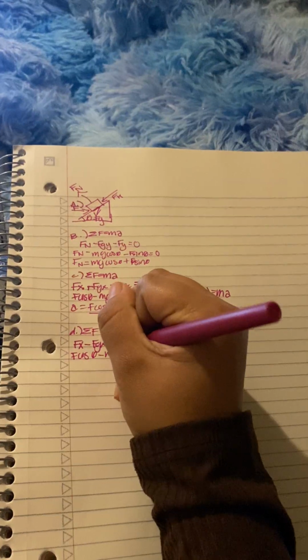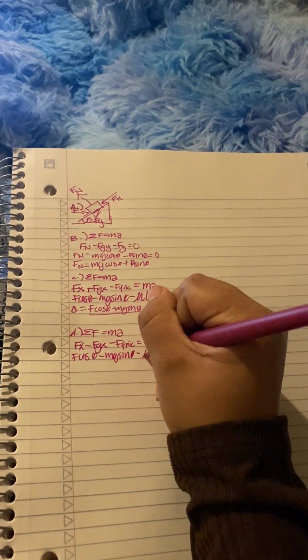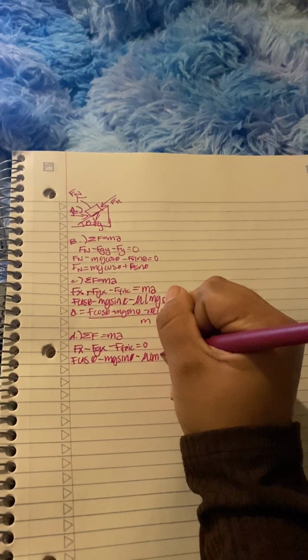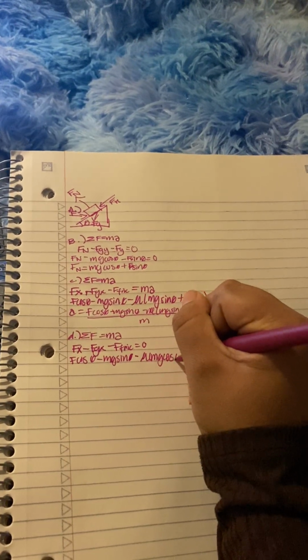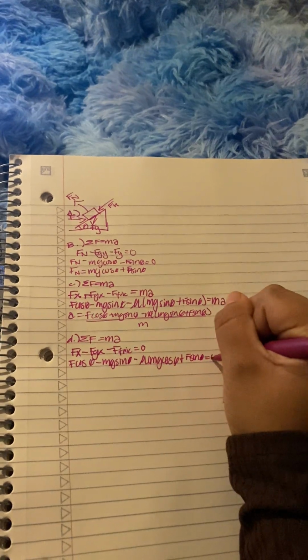F of x is F cosine theta minus mg sine theta minus mu times mg cosine theta plus F sine theta equals 0.